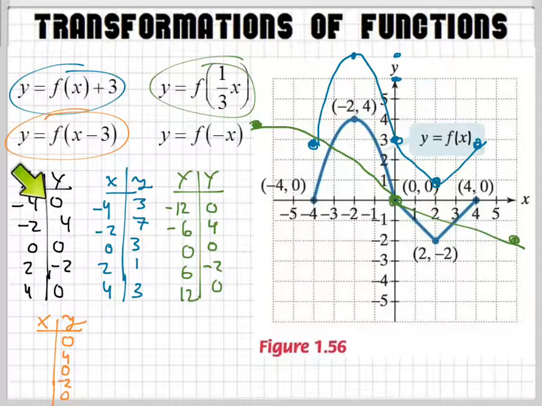I'm copying the original numbers right here. So how would I change the x values? If it says minus 3, what am I going to do? I'm going to add 3. Because remember, if you subtract 3 inside the function right here, it shifts to the right. Correct? You guys remember when we did that? So that means I'm going to add 3 to all these points right here. So it's going to be negative 1, 1, 3, 5, and then 4.